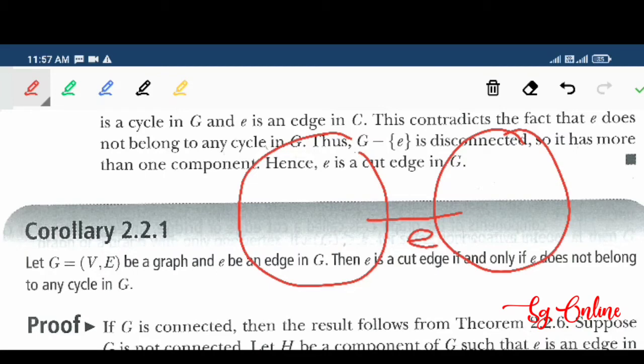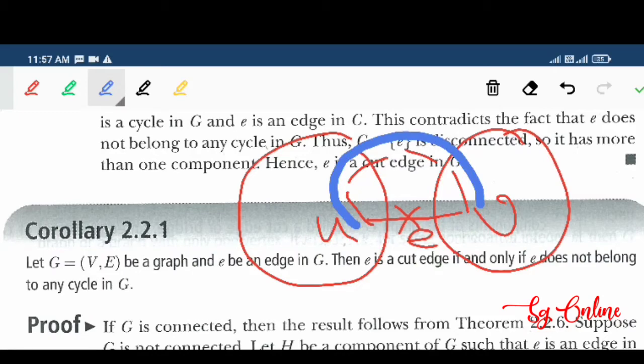Now if E is a part of a cycle, suppose the endpoints of E are U and V, then after deletion of E, we are assuming these U and V are in different components. But if E were a part of a cycle, then even after deletion of E, there is a path between U and V, which contradicts that G minus E is disconnected, because you are getting a path between these two components.